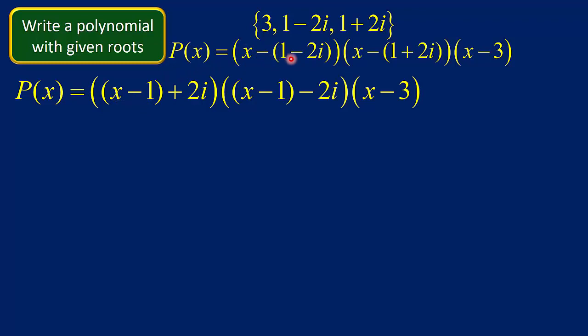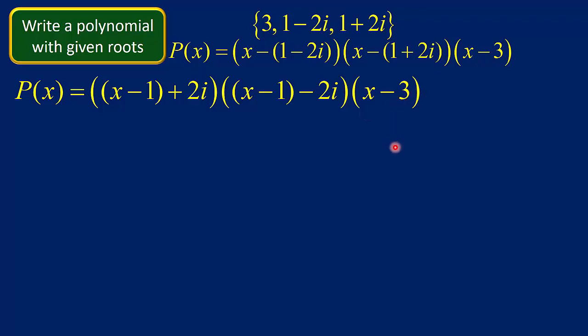And then when I distribute the minus here, notice it's a plus 2i. So you see that? (x minus 1) plus 2i. That's this factor right here. Now I'm going to do the same thing for this one. x minus 1, see that? x minus 1 right there, minus 2i. See, I distribute the minus through. And then, of course, the x minus 3 over here on the end.